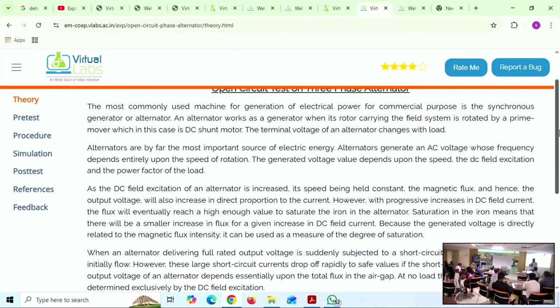EMF will give greater consideration of loss. Drop is assumed as more because of these assumptions. We are not taking care of that in that method. Directly we are substituting as per the phasor diagram. So it will assume more drop from no load to full load, which gives a less accurate value, more error, more voltage regulation.